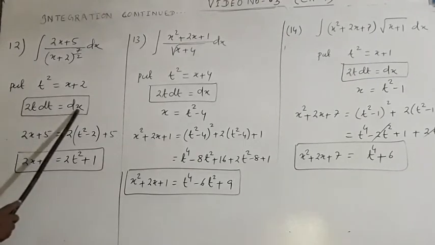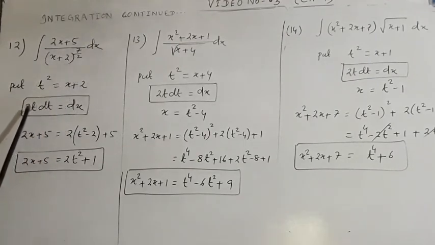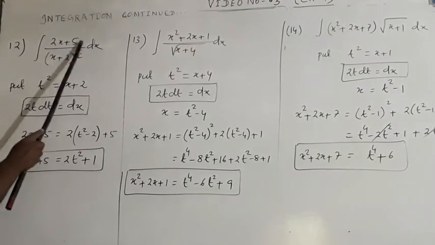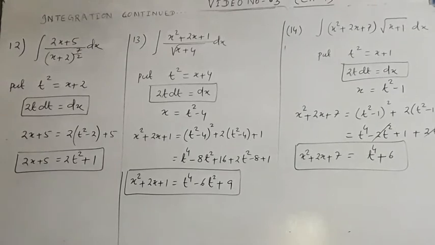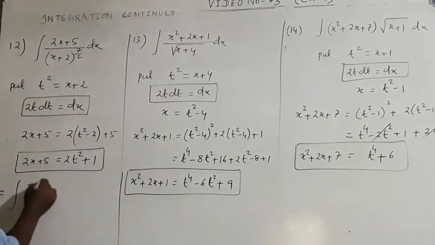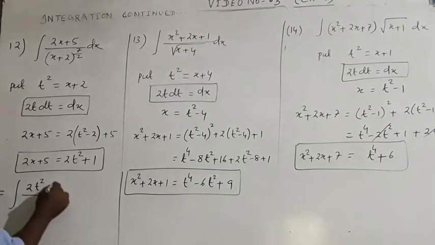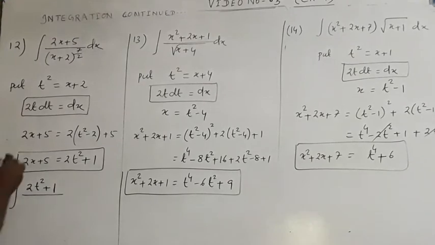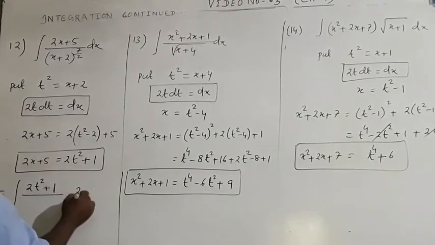So in place of dx, you will write 2t dt. In place of 2x plus 5, you have to write 2t^2 plus 1. So this integration becomes 2t^2 plus 1 in place of 2x plus 5, and in place of dx, 2t dt.